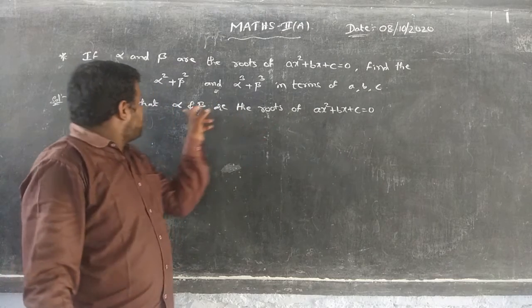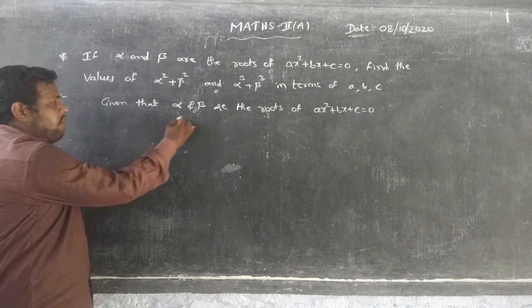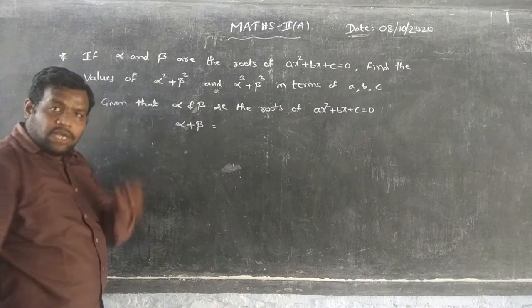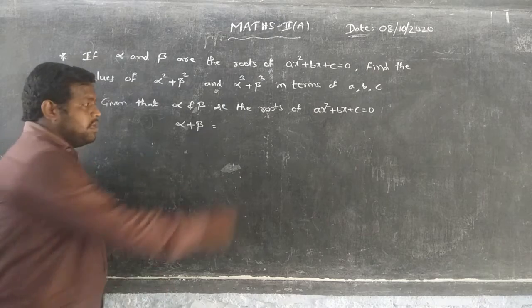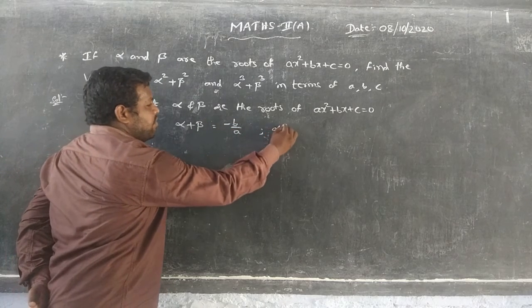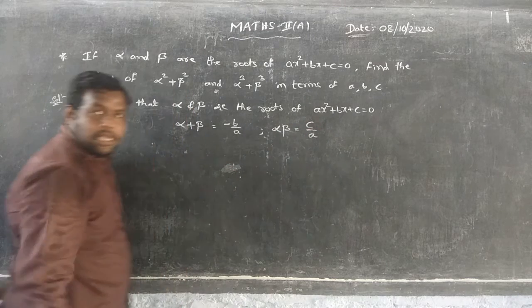So this equation's roots are alpha and beta. We know the sum of the roots and the product of the roots. So the sum of the roots, alpha plus beta, is equal to minus b by a, and the product of the roots, alpha into beta, is equal to c by a.